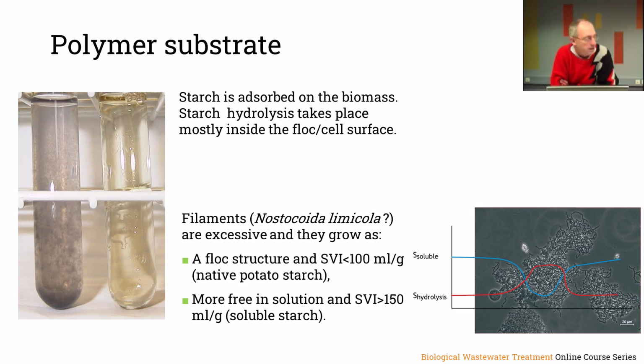Here you see a filamentous bacterium on this picture, which forms a nice and compact sludge floc with a volume index of less than 100 milliliter per gram. So it points to the fact that this kinetic selection theory might indeed be correct, that filamentous bacteria win the competition from normal bacteria if the substrate concentrations are low.